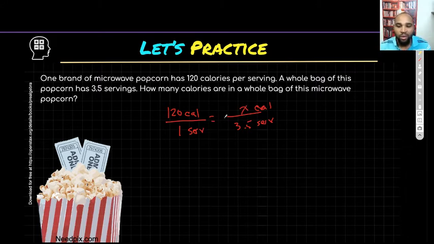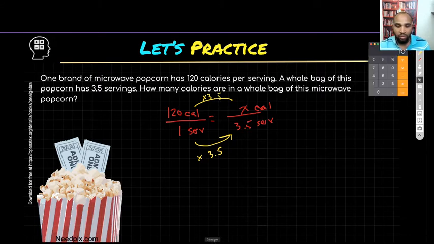Or I can already see that 1 times 3.5 is 3.5. So that's going to be the same thing up here, times 3.5. I'm going to go ahead and jump to that equation really quick. 120 times 3.5, and that's 420.